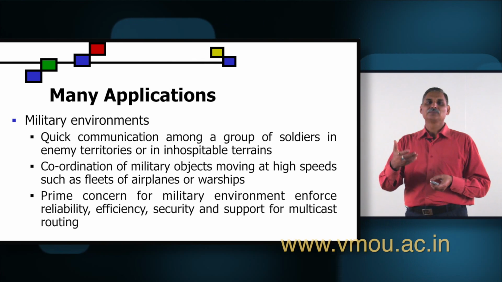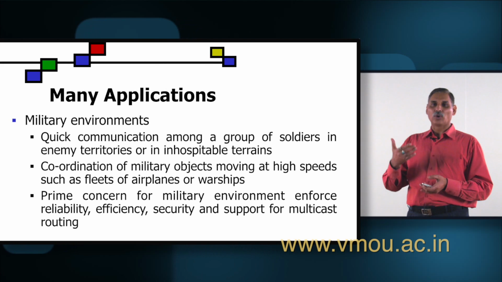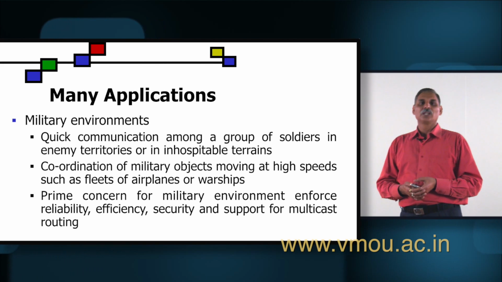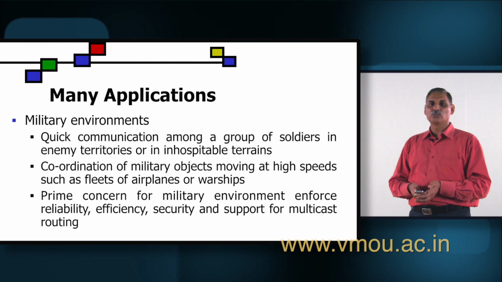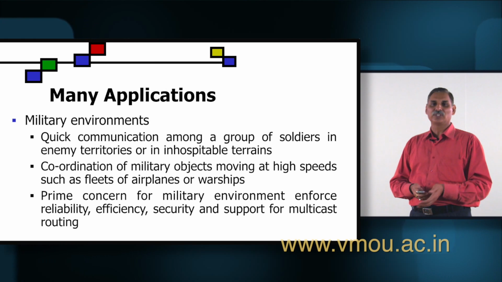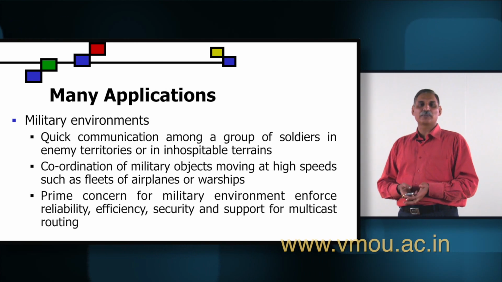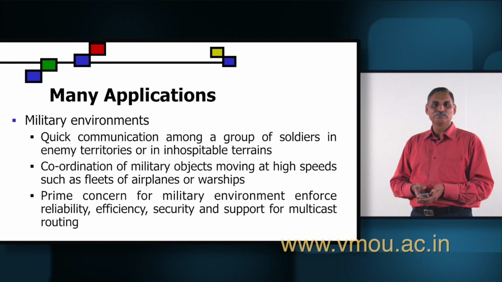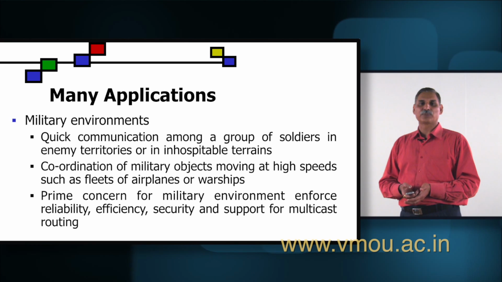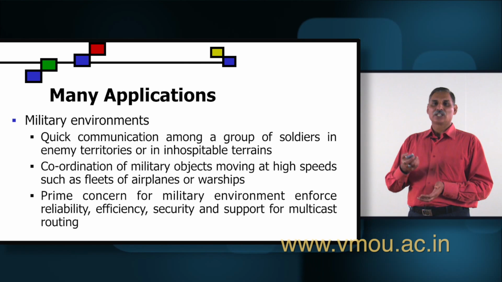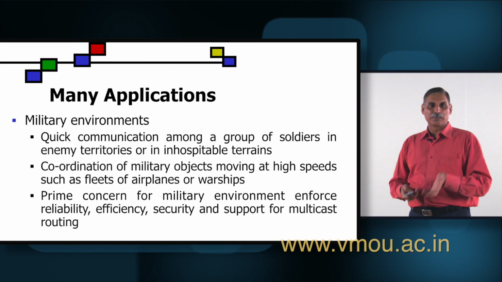So, wireless ad hoc networks are the only solution in those cases. Then there is the coordination of military objects moving at high speed, such as a fleet of airplanes or warships. Prime concerns for the military environment are reliability, efficiency, security and support for multicast routing. So, these are the applications.